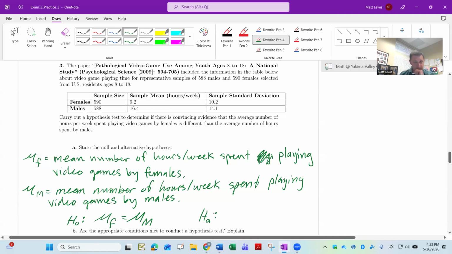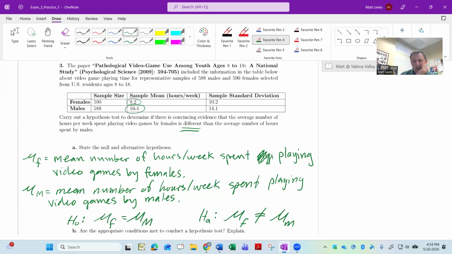For your alternative, though, they simply asked to see if it's different. That's what they asked us to figure out. And so I'm not going to be specific, even though I can look at this and see that it looks like males from our sample are more than females in their hours per week. We're not going to be specific about that. We're just going to say not equal to.